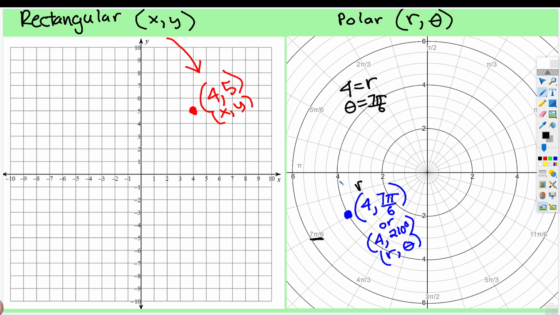And so here's the radius of 4. So at 7 pi over 6, we put a dot right there, and that's our polar point, r, comma, theta.